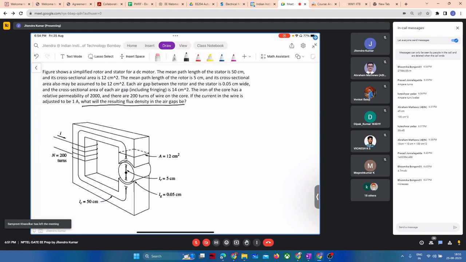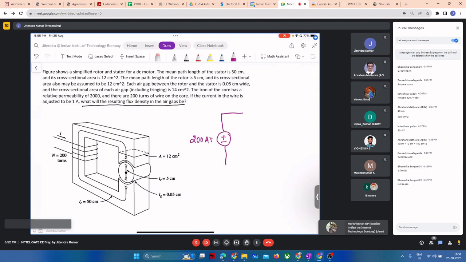So first thing is that we have to draw an equivalent circuit with whatever supply, which is 200 ampere turns. That is the only supply in the circuit.